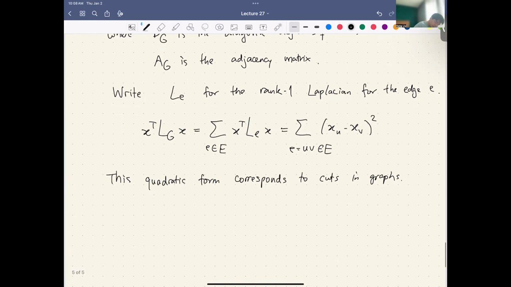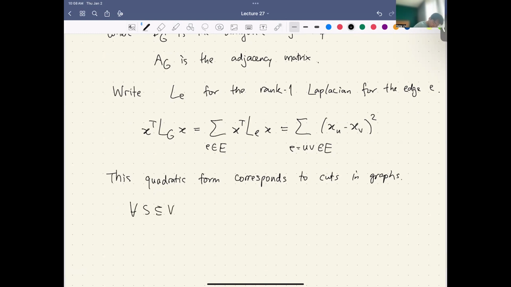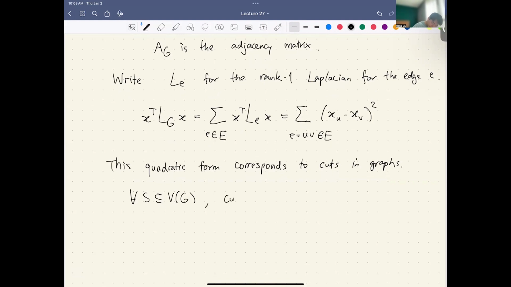Here's what it means. For any subset S of vertices, the size of the cut, what do I mean by cut size? It just means the number of edges in G with one endpoint in S and the other endpoint in the complement of S. Okay? This is just the characteristic vector of S transpose times the Laplacian of G times the characteristic vector of S. It's the quadratic form above.